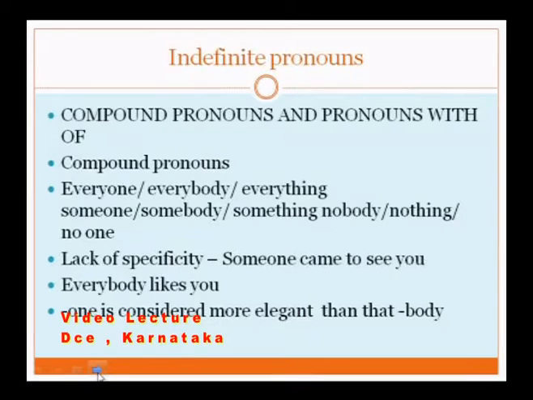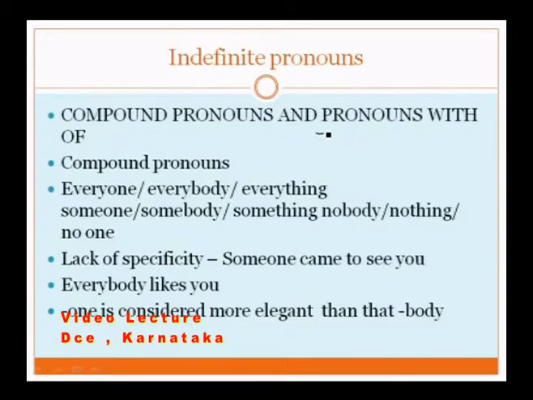We move on to the sixth division, indefinite pronouns. Indefinite pronouns are those that convey a less definite meaning. There are two types of indefinite pronouns. One is compound pronouns and pronouns with of.